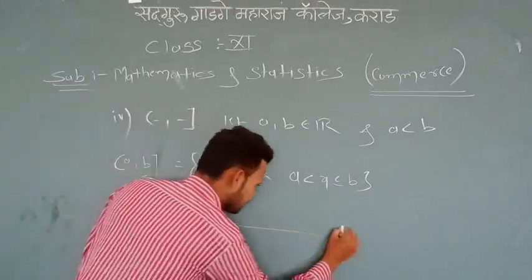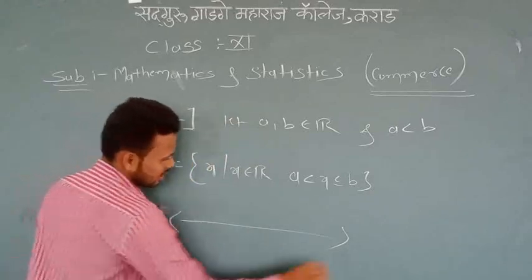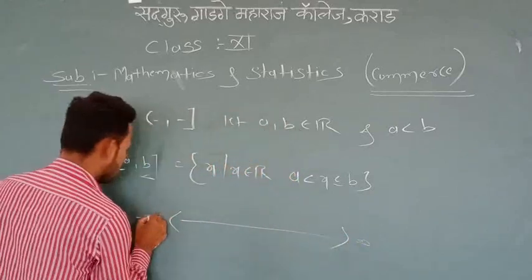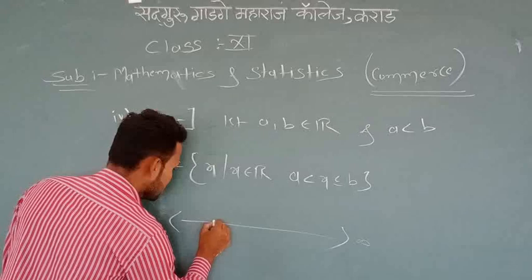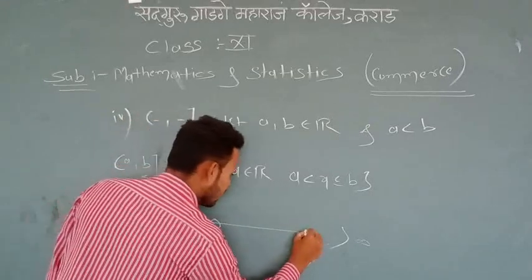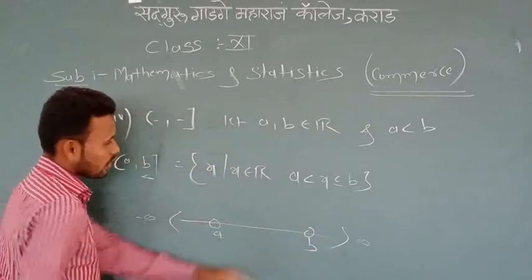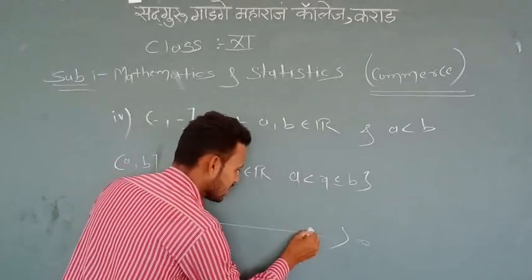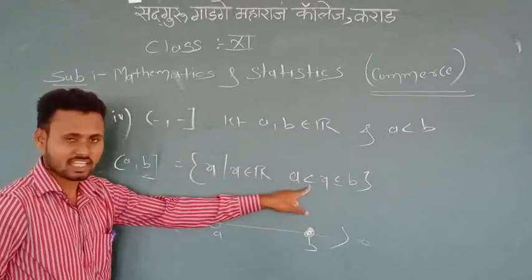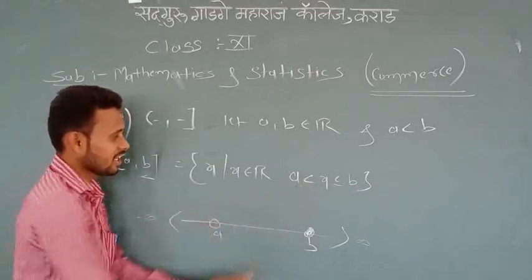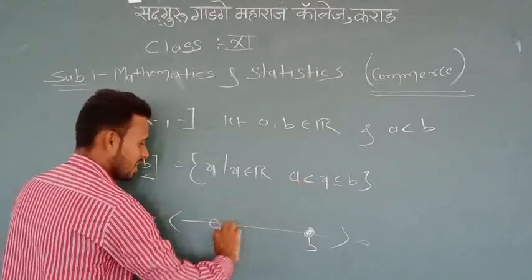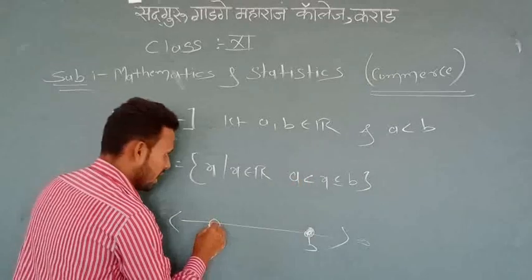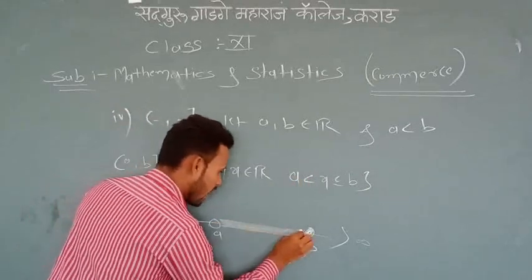Now on the real line, here plus infinity, here minus infinity. If I take point a here and b here, since we have less or equal, b is included in that set. And here, x is strictly greater than a, which means a is not included. Why not included?